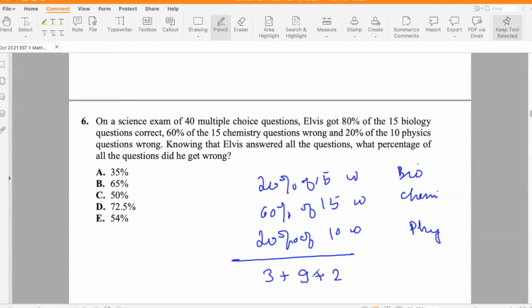So 9 plus 2, 11, plus 3, 14. So 14 out of 40 is what he got wrong. That's 35%, option A.